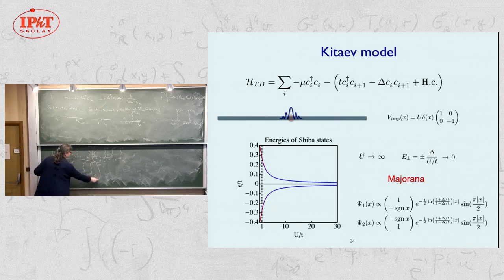No more expansion. This is an equation for T. And I'm going to write it explicitly because this is graphical. So this means that T K1, K2, i omega n is V K1, K2 plus the integral over K prime of V K K prime G0 of K prime T K prime K2.